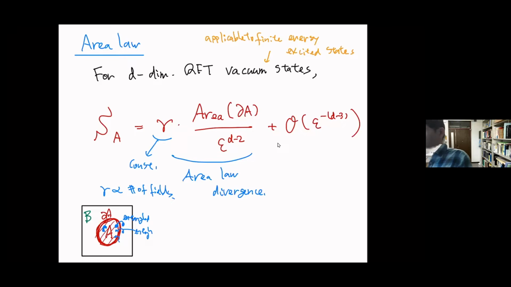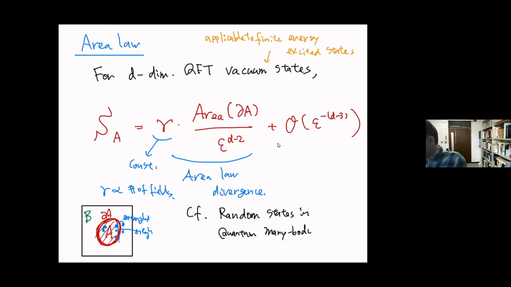But the area law is at the same time a little bit surprising if we think about a more generic state. If we talk about a random state in a quantum many-body system, we don't get the area law; in general we get the volume law.